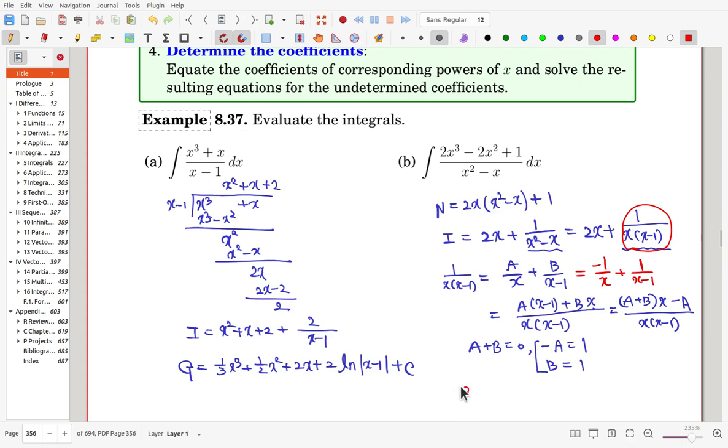The given integral is then x squared, and for these partial fractions, minus logarithm of x, and plus logarithm of x minus 1, and here we can put the integration constant, right?